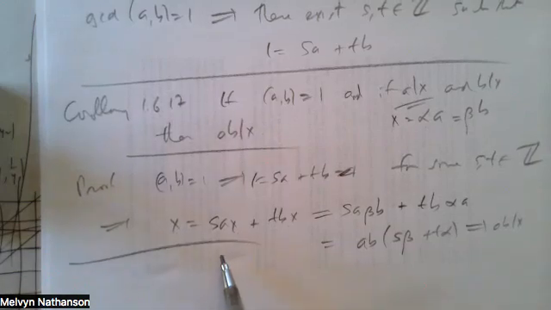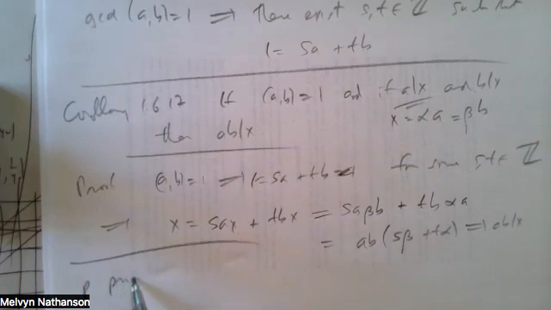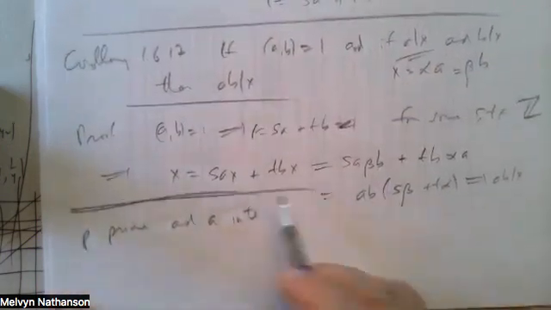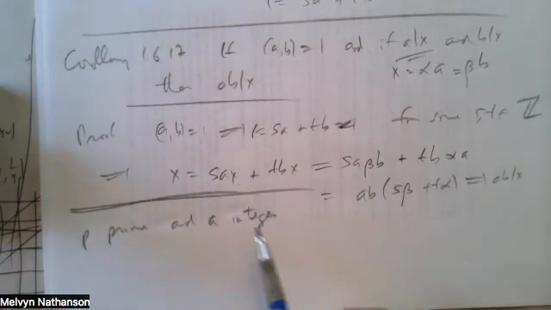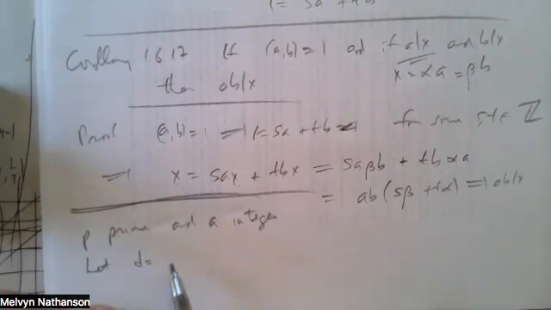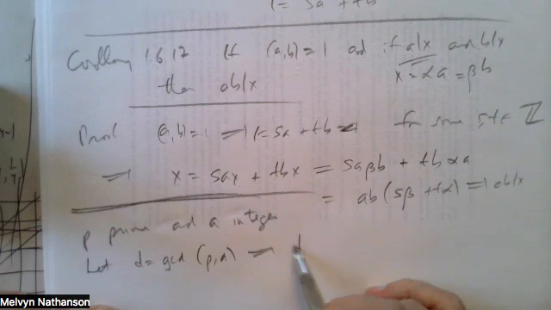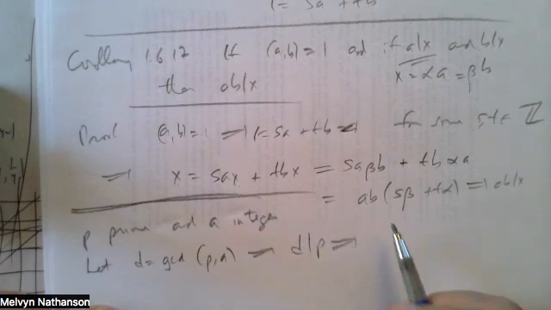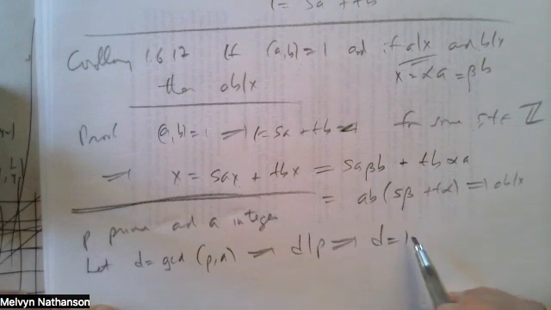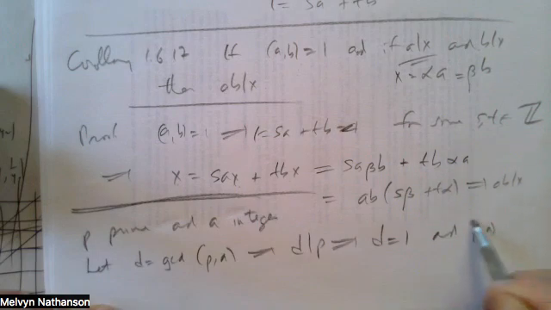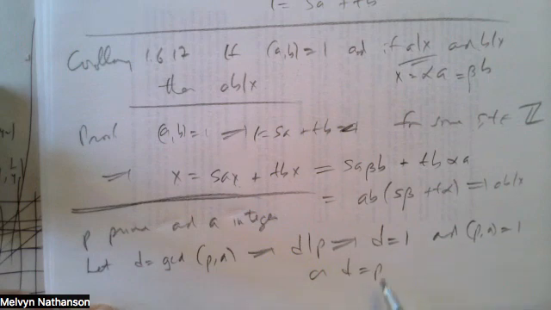And we can make another observation from this. Suppose P is prime and A is just any integer. Suppose we let D be the greatest common divisor of P and A. So D divides P, which means either D equals 1 and P and A have greatest common divisor 1, or D equals P, because P is a prime.